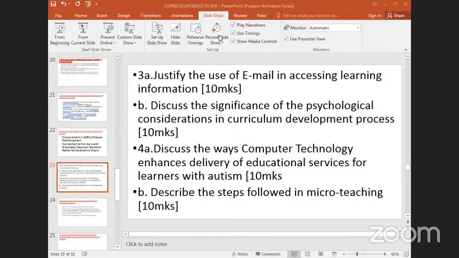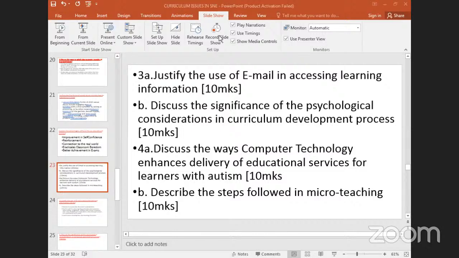It contributes to appropriate decision-making in curriculum regarding selection and organization of the objectives. Contributes to appropriate decision-making regarding the selection and organization of objectives.